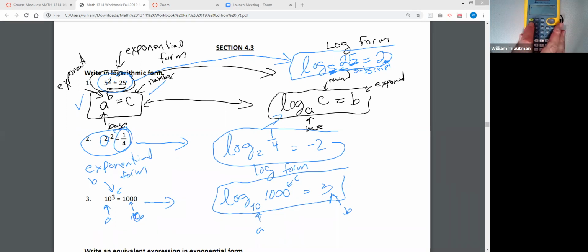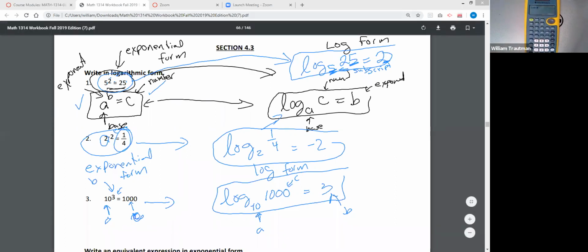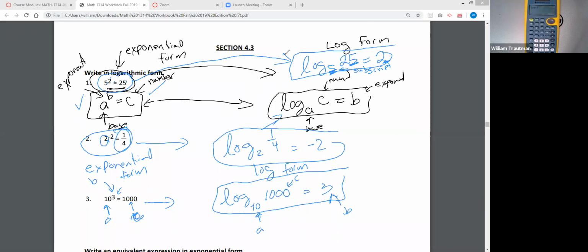Now your calculator does log, and it automatically does log base 10. So I want to put this in my calculator. Just this part. By the way, our calculator does log base 10. So when I hit log, there's automatically a base 10 subscript there. You don't see it in the calculator, but there's automatically a 10 in there.